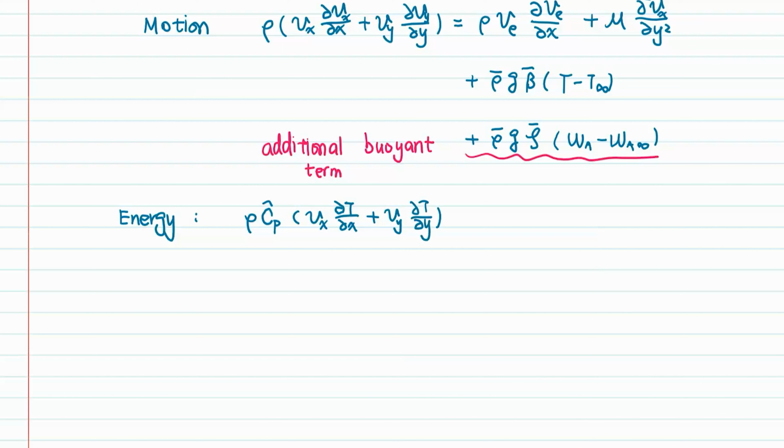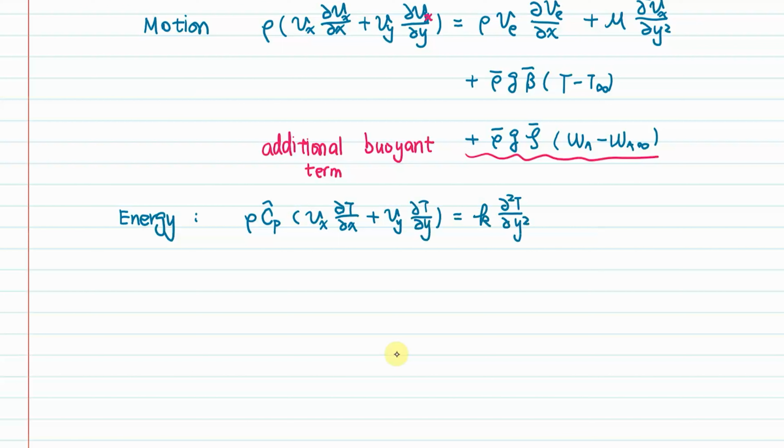I think I have a typo here. Let's correct this. This should be sub x. Okay, and this equals to, so this is convective energy transport equals to the conduction. So the thermal conductivity times the Laplacian of temperature with respect to y.